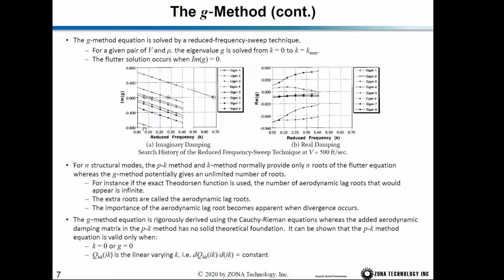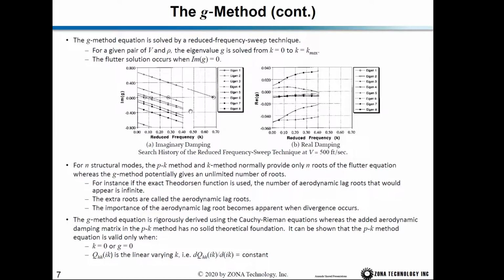Then we change to another reduced frequency, and we monitor the damping line of the imaginary damping. When this damping line crosses the 0 damping line, we find a solution. At this reduced frequency, the corresponding real part of damping is the true damping, and the corresponding frequency is the flutter frequency.